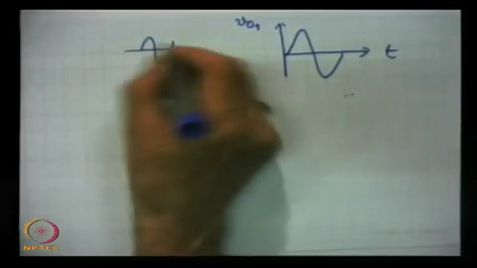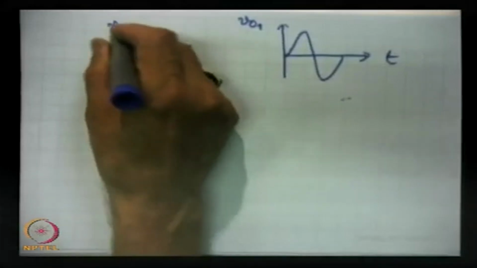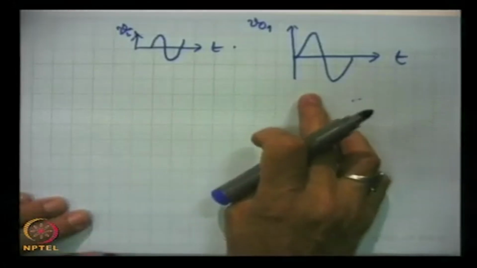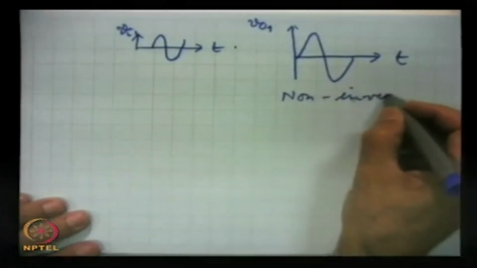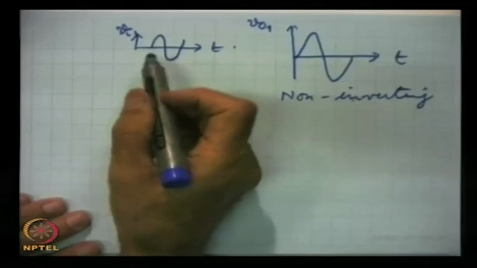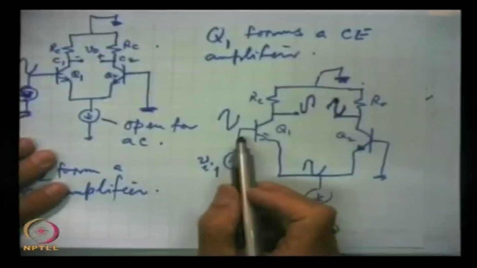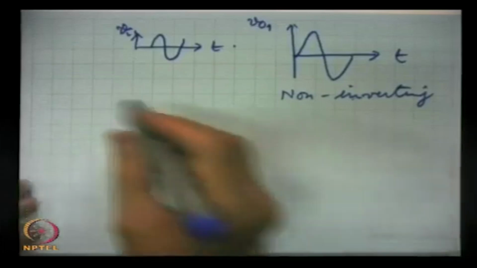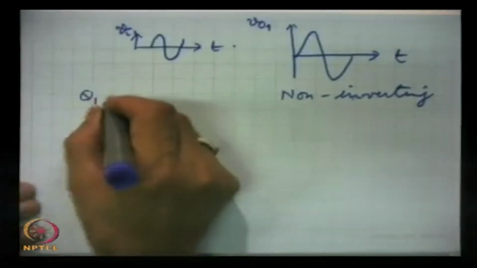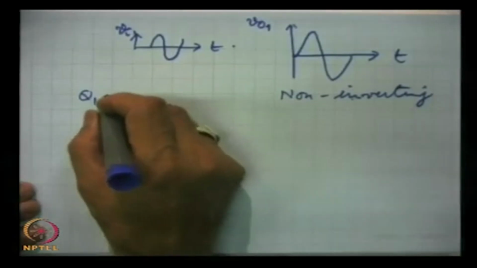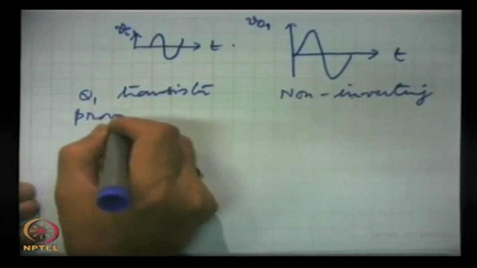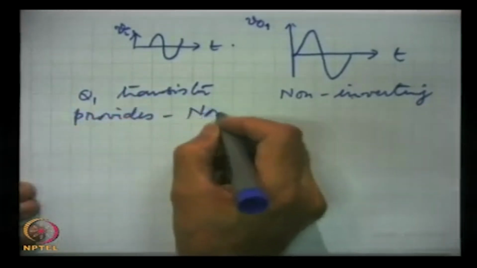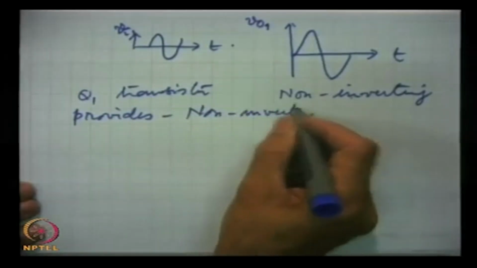Now see here, this output appears for this input. This was input Vi1 with respect to ground. So, obviously, this is non-inverting, and this input is called the non-inverting input, and the Q1 transistor provides the non-inverting input.